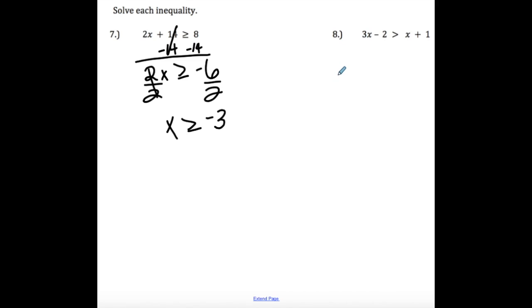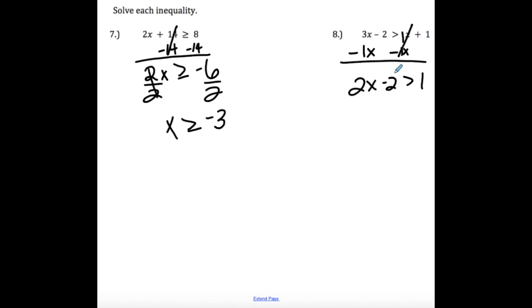On number 8, here's an example of variables on both sides. This is a 1x over here on the left. I'm going to subtract 1x from both sides to get started. 3 minus 1 is 2x.